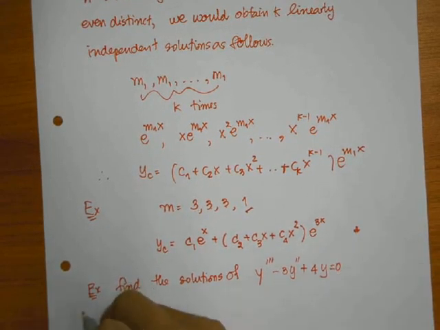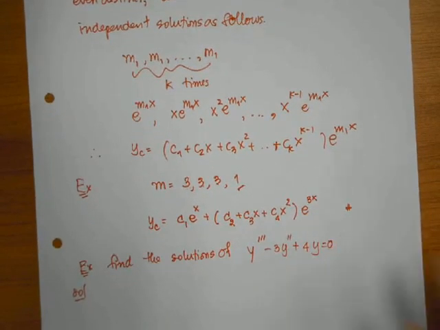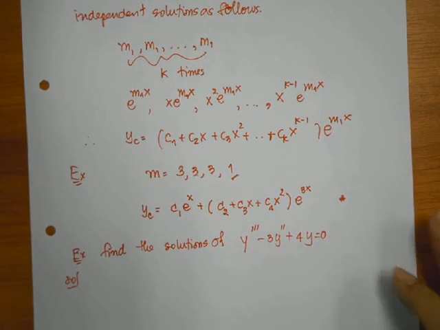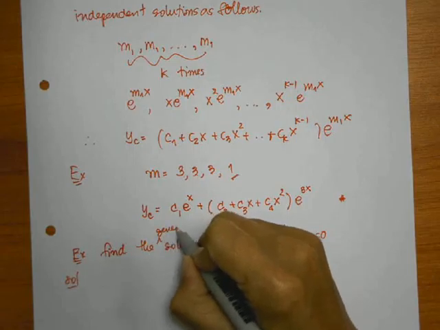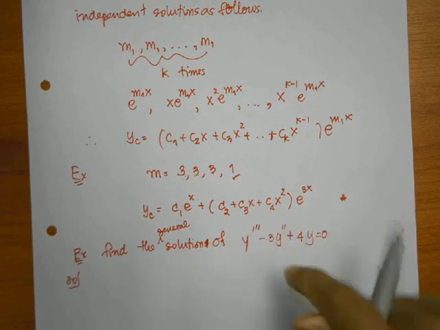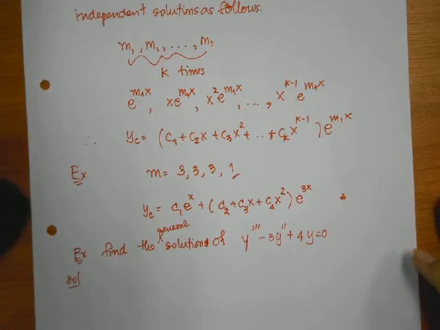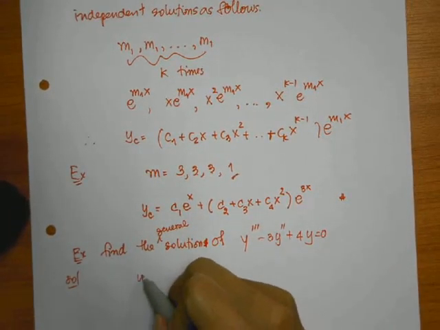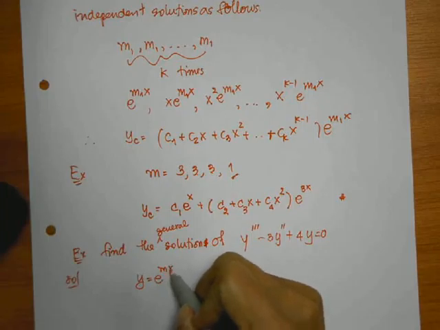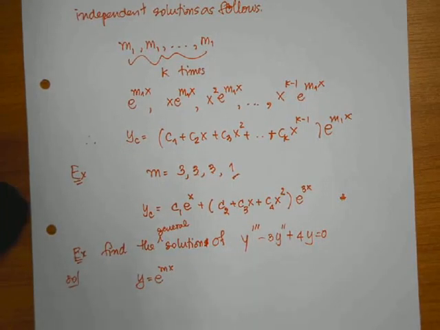For example, we have a differential equation like this. We're saying find the general solution of this differential equation. Again, we got to assume y is equal to exponential of mx. Okay, and this one you repeat 3 times, right?